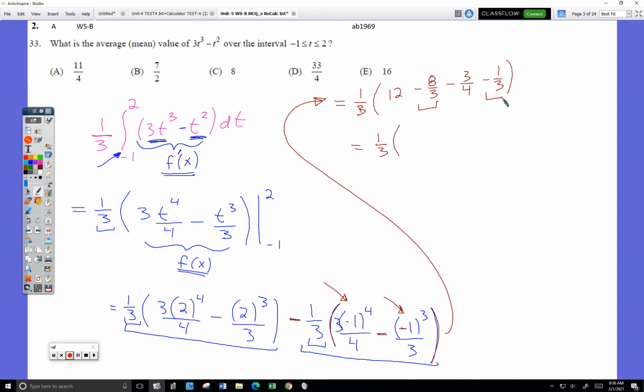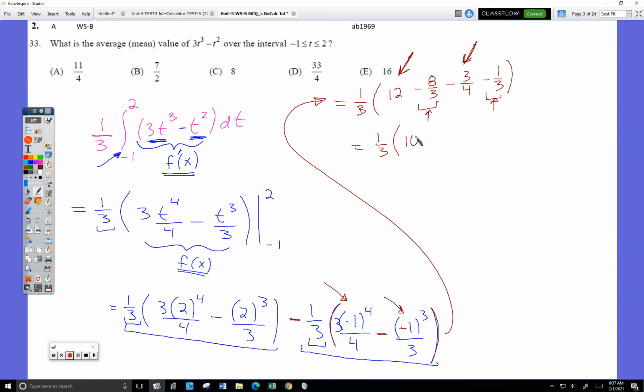Something you'll notice in a lot of problems, these two terms often combine easily, and these two terms often combine more easily. So I always look at those. So 12 minus 3/4 is 11 and 1/4. Yuck.